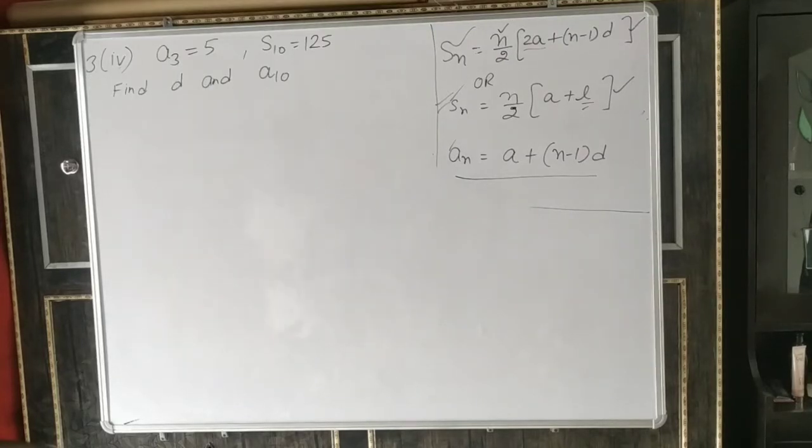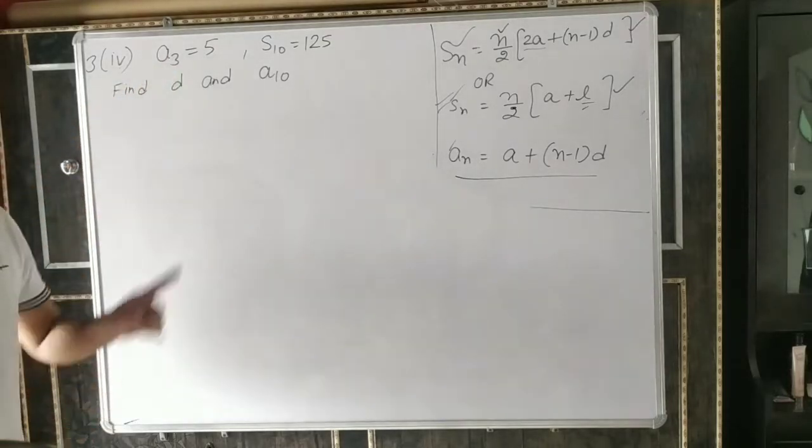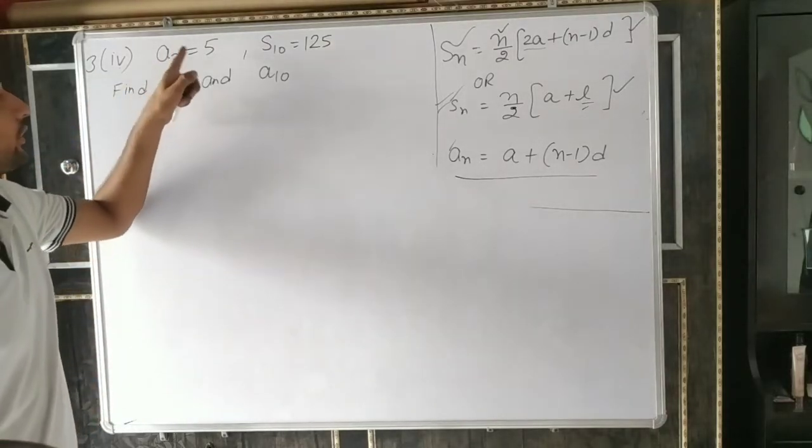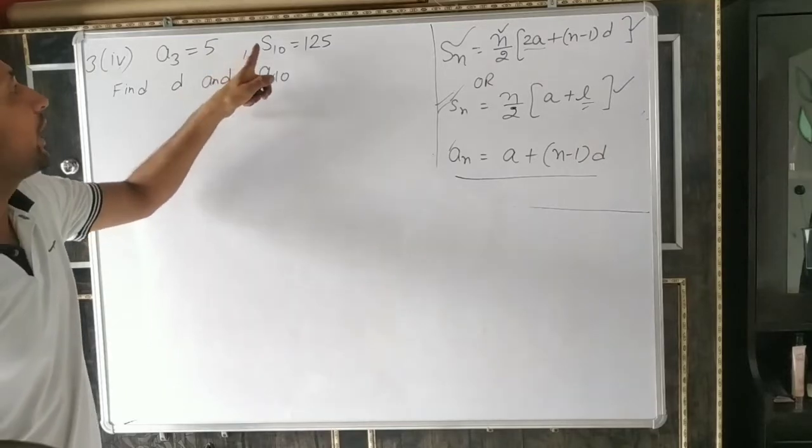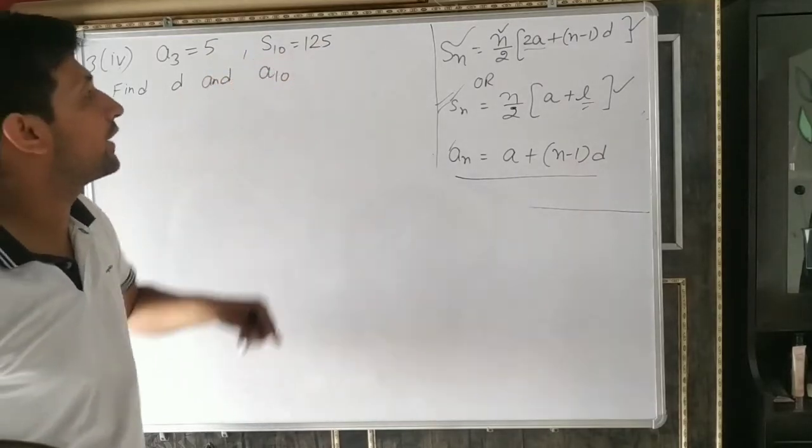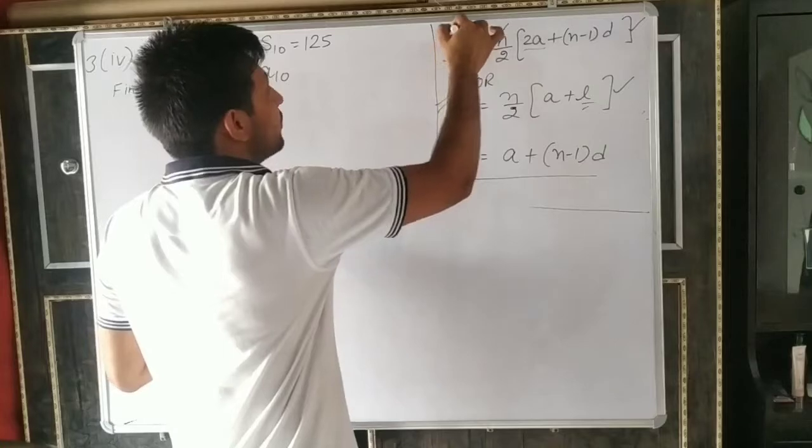Now look at the third question, fourth part, dear. The third term of the AP, A3, is 5 and S10 is 125. It means now this value is given.